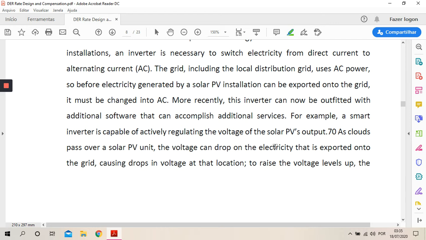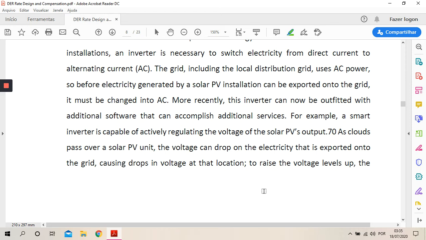More recently, this inverter can be outfitted with additional software that can accomplish additional services. For example, a smart inverter is capable of actively regulating the voltage of the solar PV's output. As clouds pass over a solar PV unit, the voltage can drop on the electricity that is exported onto the grid, causing drops in voltage at that location.